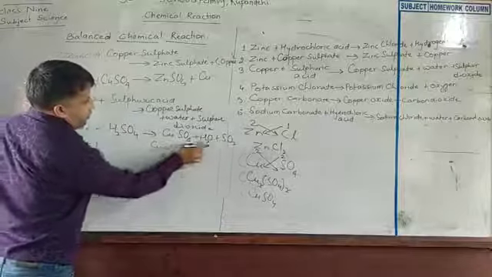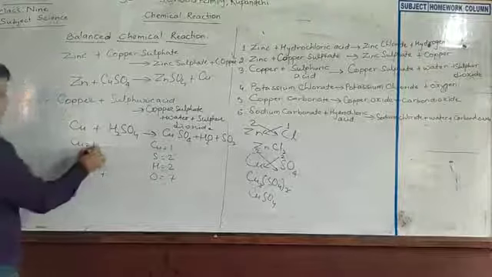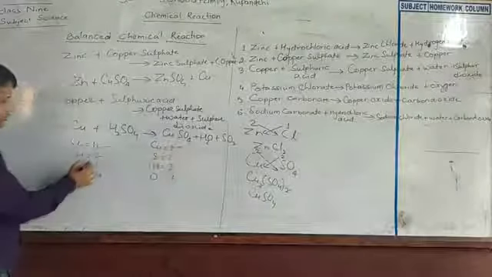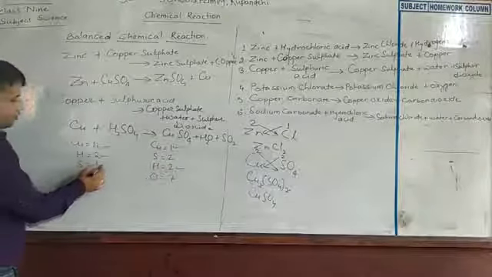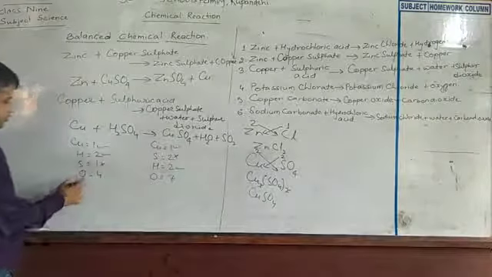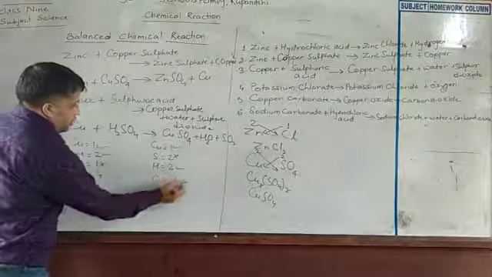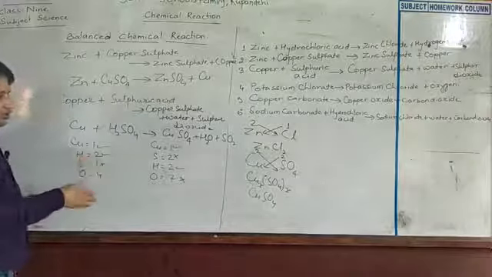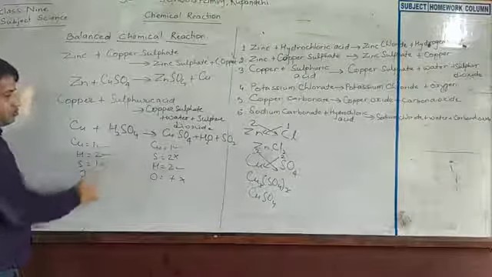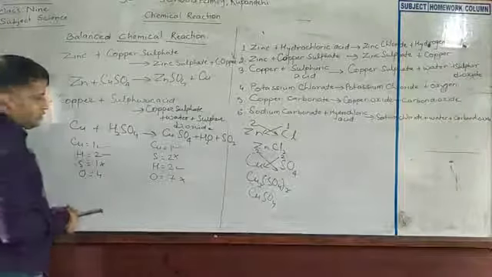Copper is balanced, hydrogen is balanced, sulfur is not balanced, oxygen here 4, there 7, so that is also not balanced. I have already told you we have to balance the other elements earlier. So let's balance sulfur first, then oxygen later.